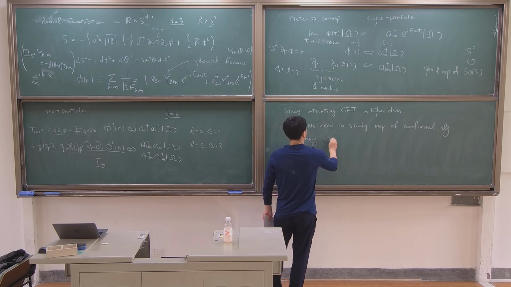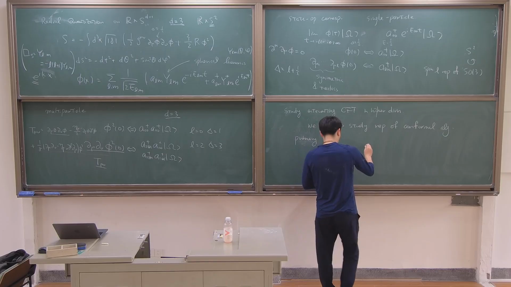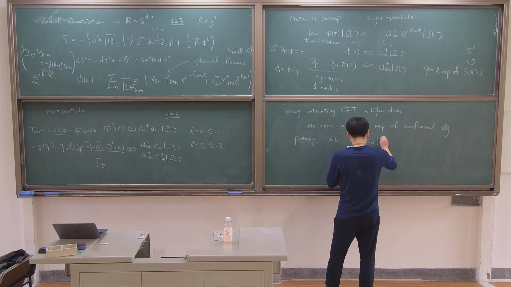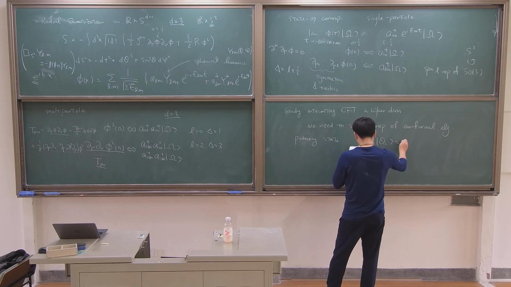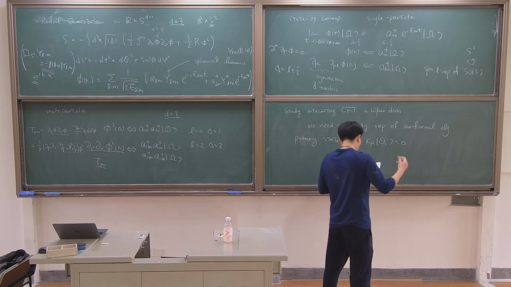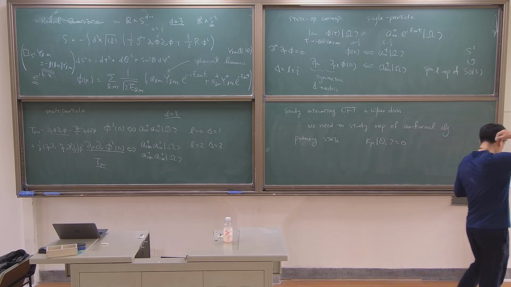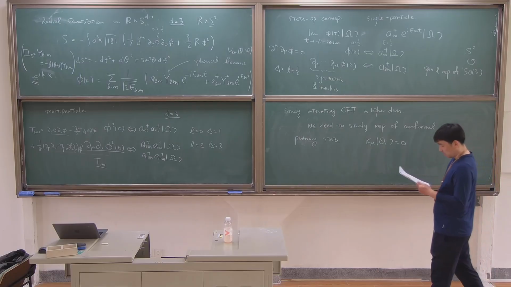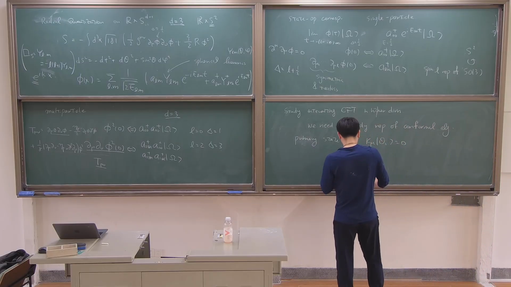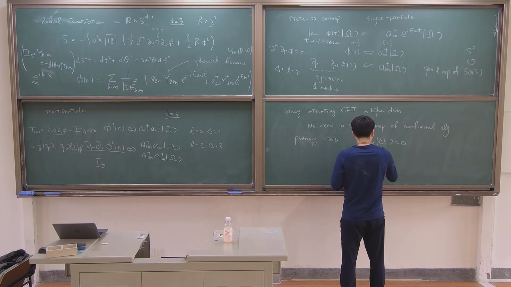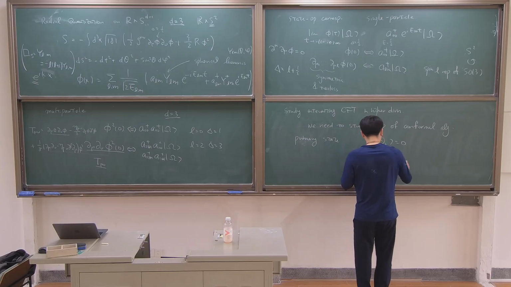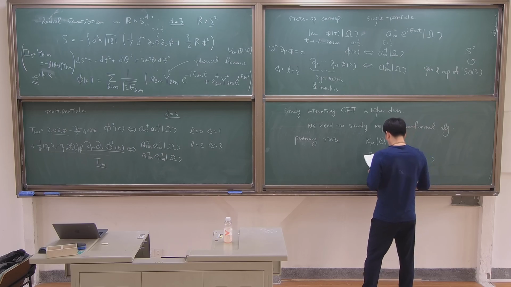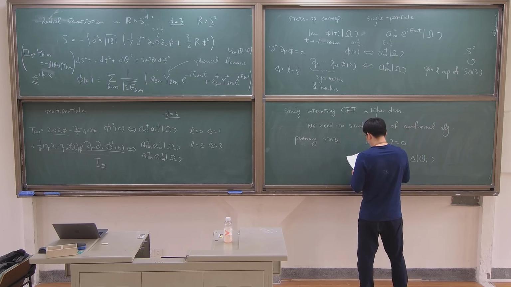Primary state, which is defined as K_mu acting on the state equals zero. And just recall what the primary state is: D acting on it is given by minus i delta, and K_mu annihilates it.